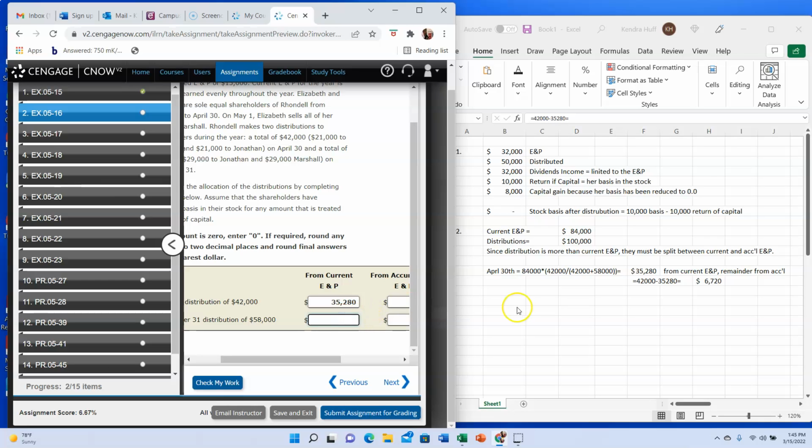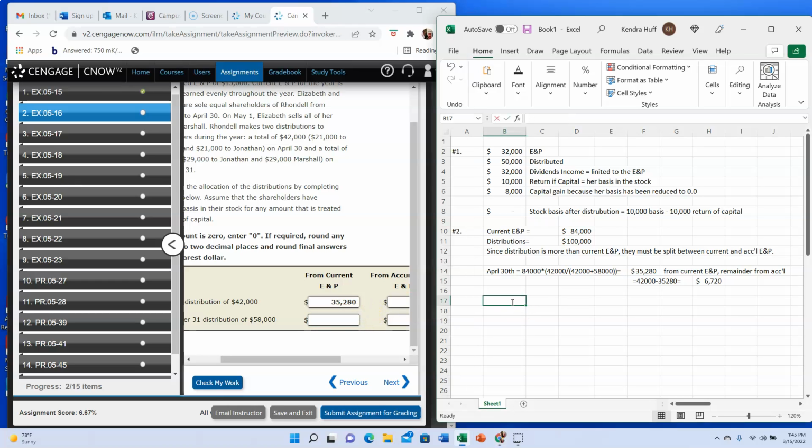All right, then you do the same basic thing for December 31st. It's going to equal the 84,000 times the 58, divided by, I'm cutting out the zeros, the 42 plus the 58.